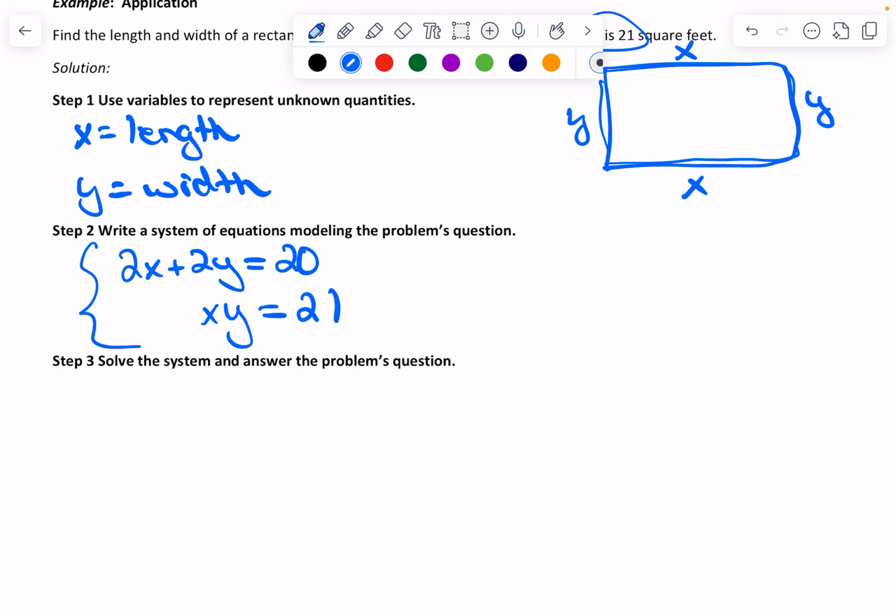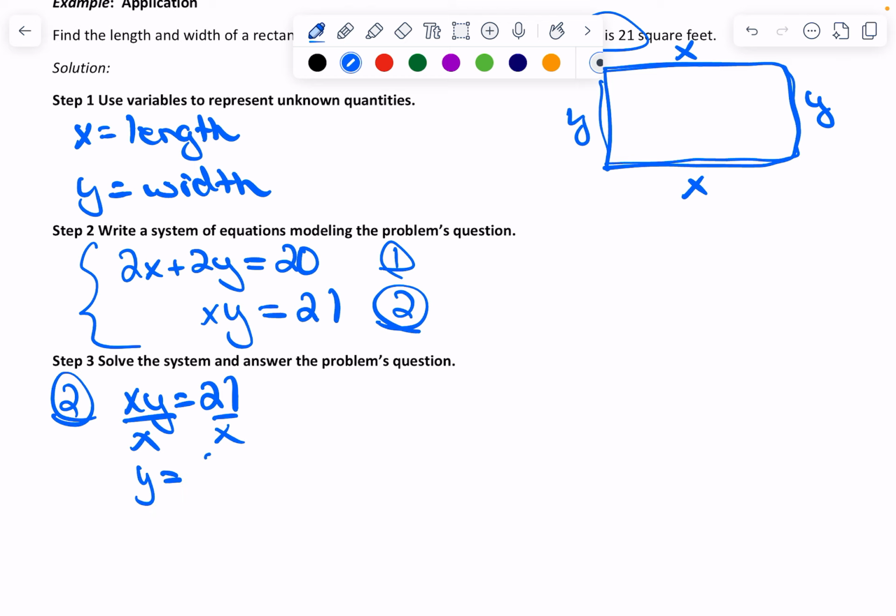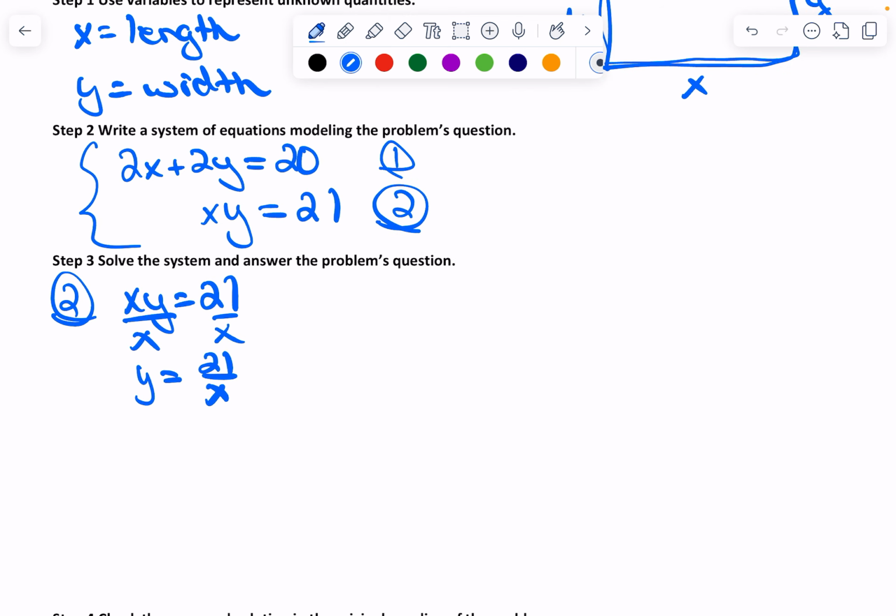So I'm going to take this second equation here, xy equals 21, and divide by x. So I get y equals 21 divided by x. And now I'm going to go ahead and plug it in the first one.